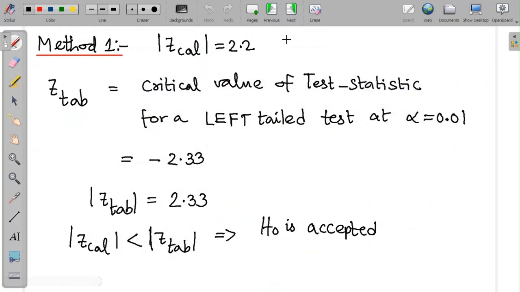Now, for a critical value based approach, we compare this with the critical value of the test statistic for a left tail test at alpha equal to 0.01. The value comes down to 2.33, and comparing, we see that the calculated value is less than the critical value, and therefore H naught must be accepted.